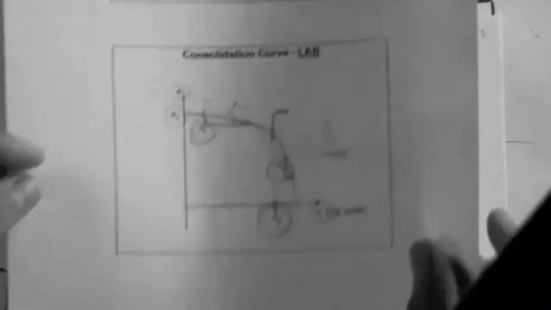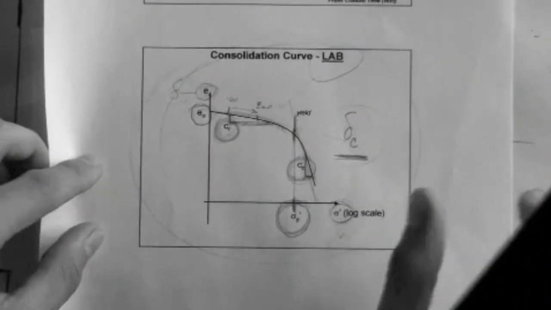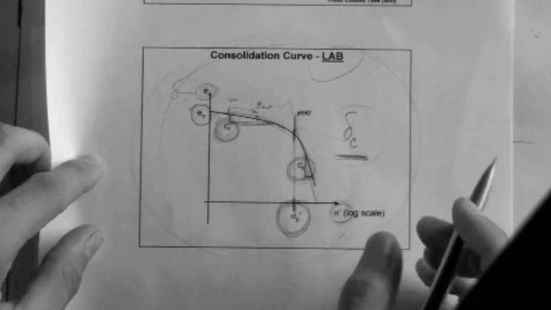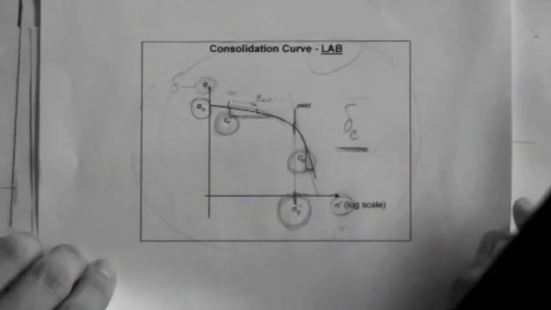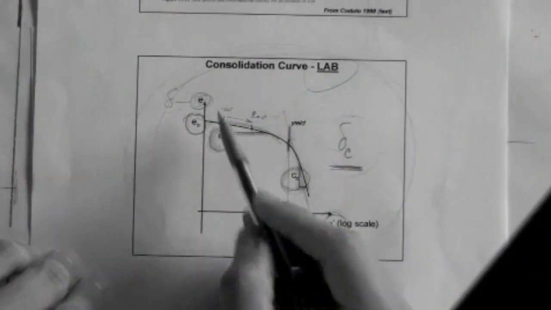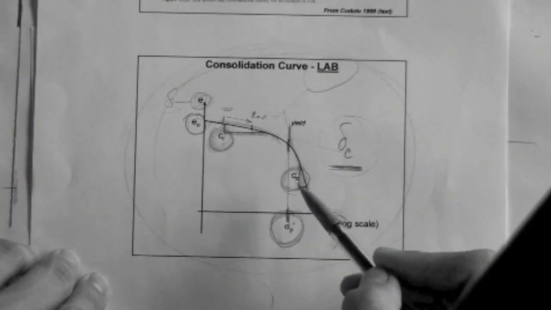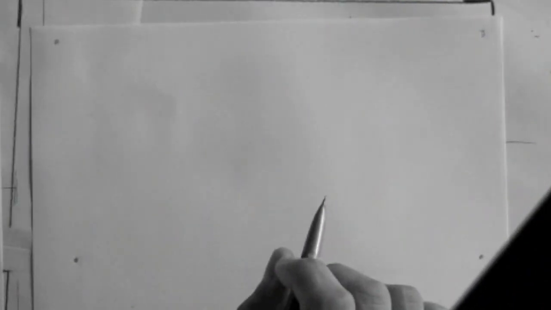We're going to determine, from the consolidation curve that we obtain in the lab for soil, the consolidation settlement of a layer in the field. So we have to extrapolate from the lab to the field, meaning we're going to use the parameters that we determine in the lab to determine the consolidation settlement of the layer in the field.